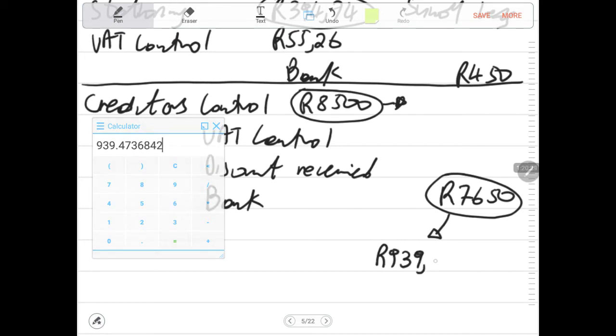How much is the understated amount of the VAT? 934.47. 8.5 by 14 over 114.